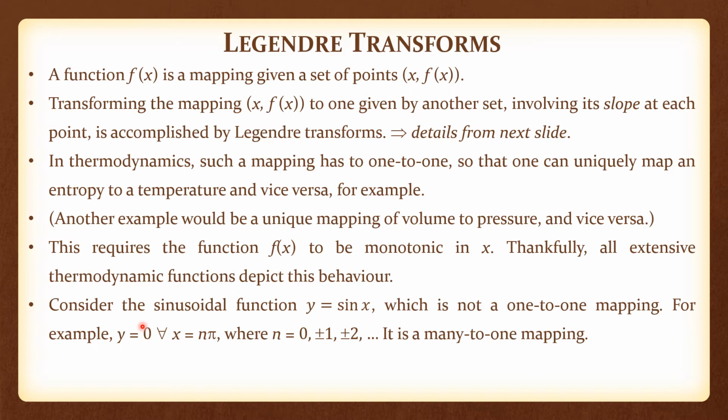Now, if you were to use the Legendre transformation and transform this mapping into another mapping involving the slope, at each point you depict the system by the slope m, or dy by dx. What is dy by dx? When y is sin x, dy by dx is cos x, right?